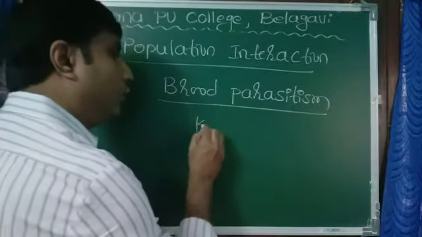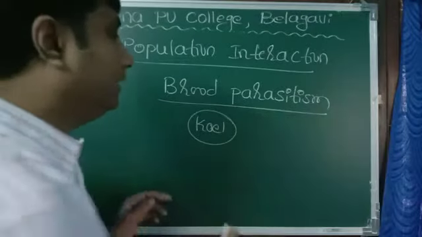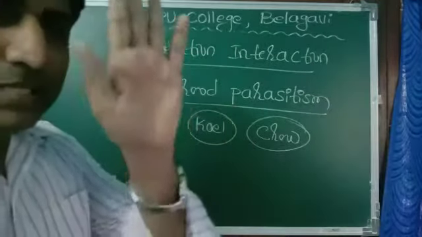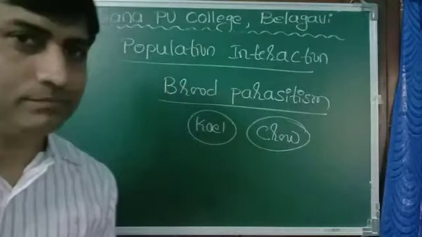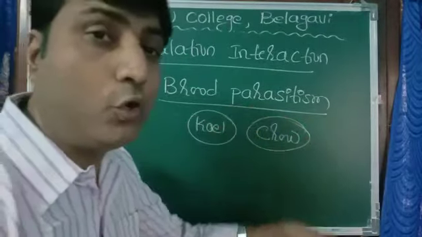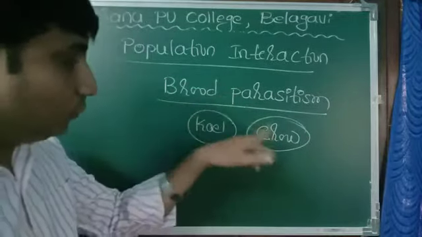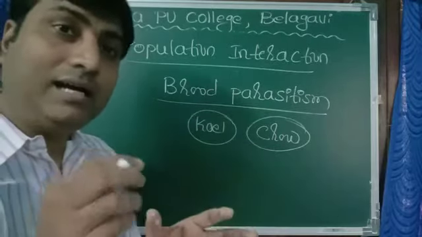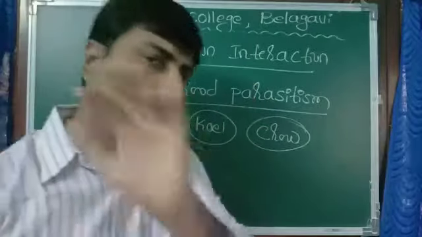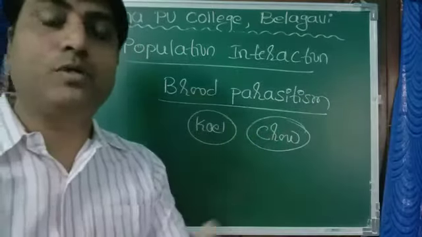Cuckoo, or we call it koyal, in Kannada kogile. The cuckoo never builds its own nest, you know that. Whenever they want to lay their eggs, they lay them in the nest of the crow. So they are dependent on the crow for keeping their eggs. The eggs of crow and koyal are almost similar, so the crow will not come to know. This type of parasitism is called brood parasitism.